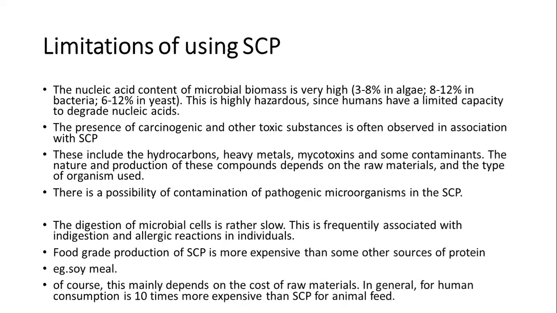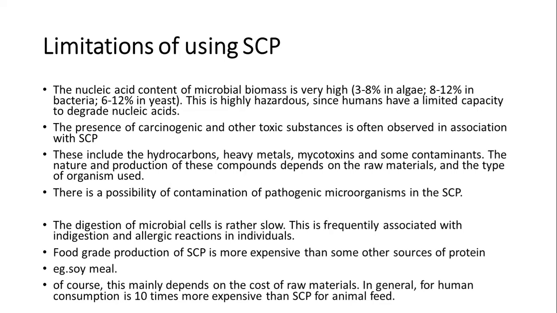There are certain limitations of using single cell protein. The first limitation is that the nucleic acid content of microbial biomass is very high. This is a high hazard for humans. Second, SCP may contain carcinogens and toxic substances. Third, this includes hydrocarbons, heavy metals, toxins, and some contamination.